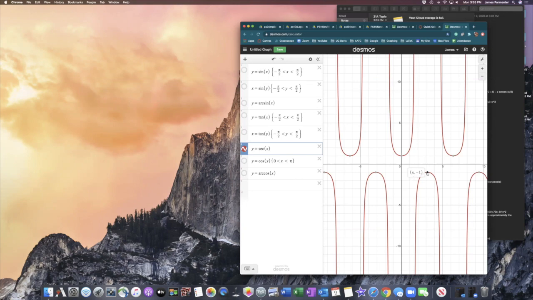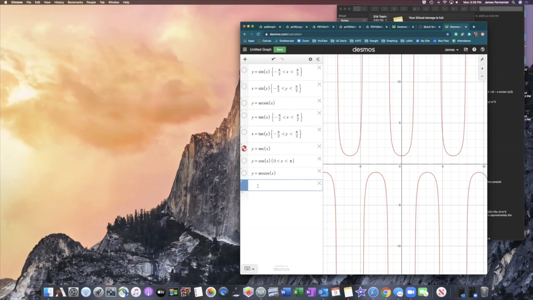But there is another good reason to go from 0 to pi over 2, and then from pi to 3 pi over 2, which is kind of weird, but there is a good reason. Specifically, the derivative is nicer if we pick that.